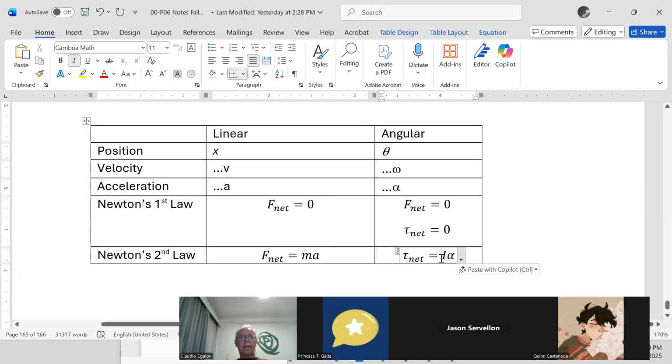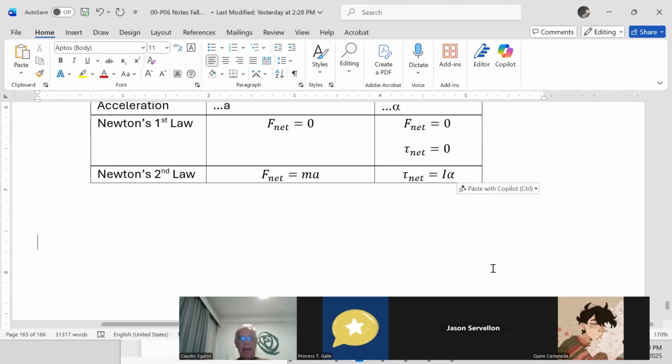What you see right in here, I like to call the angular mass, but it has a different name. It's called the moment of inertia. But this I has different equations for different objects.